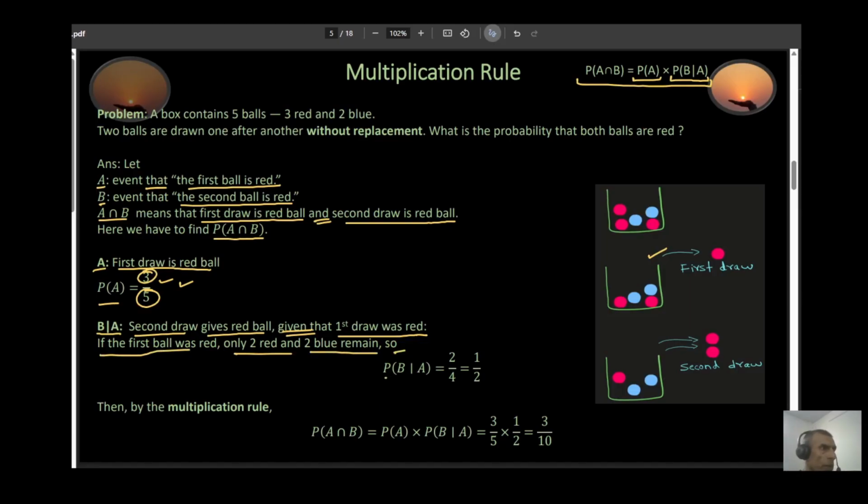So the probability that your second draw is a red ball, given that the first draw was red, is 2 over 4, because you have 2 red balls left after the first draw, and then you have a total of 4. So 2 over 4, and the answer is 1 over 2. Now I know my P of B given A, and I know my P of A right here. Now you can just substitute into your formula. The probability of A and B is given by this expression. Putting in your numbers, the answer is 3 out of 10.